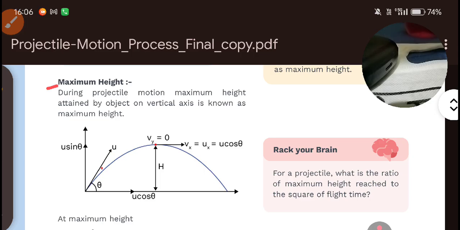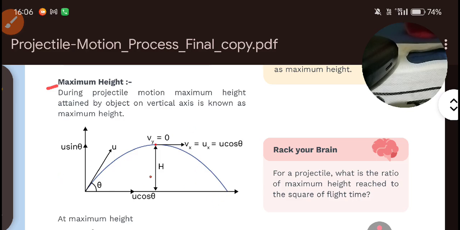This is our initial velocity, which is a combination of these two components. And here at this high point, vy is equal to 0, vx is not equal to 0, vx will be constant, which is ux equal to u cos theta. So remember, ux is equal to u cos theta, uy is equal to u sin theta.